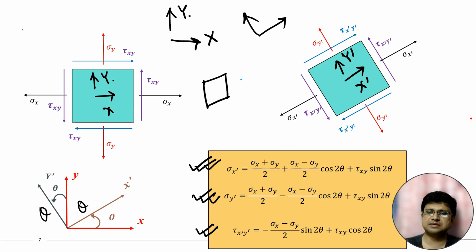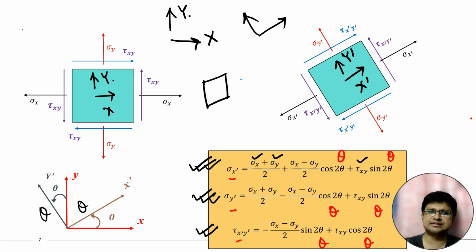Apart from sigma x, sigma y and tau xy, the only thing that changes the value of normal and shear stress is theta, the angle. This angle is very important. It can be 0 degree, 90 degree, or anywhere in between. For different values of theta, we will get different values of stress. Theta can be anything.